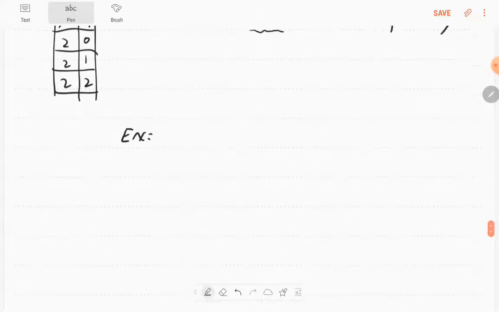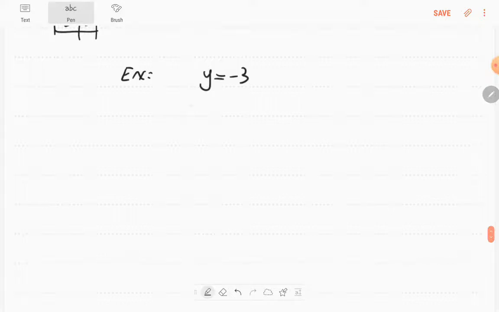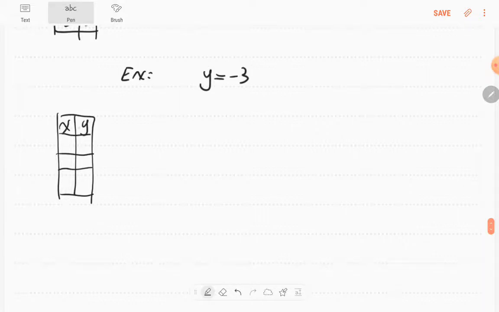So we can check another situation. This time we have a horizontal line. Let's see why. Because this equation is y equal to a fixed number, we can still list several values, right? x, y. Then we know y is a fixed number, so we can put the y value here.